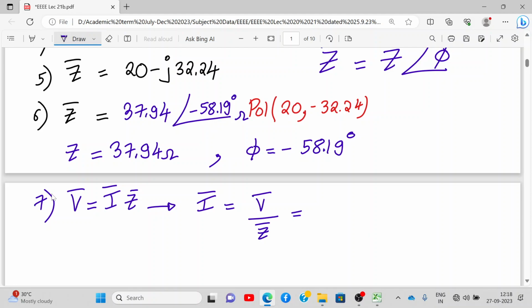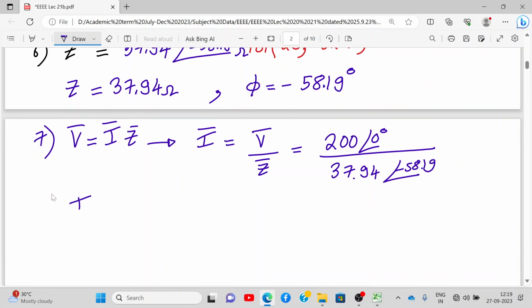V bar is 200 angle 0 and Z in polar form is 37.94 angle minus 58.19. So you can easily divide. Current will be 200 divided by 37.94, which is 5.27, and the angle becomes plus 58.19 degrees. So this is my current.